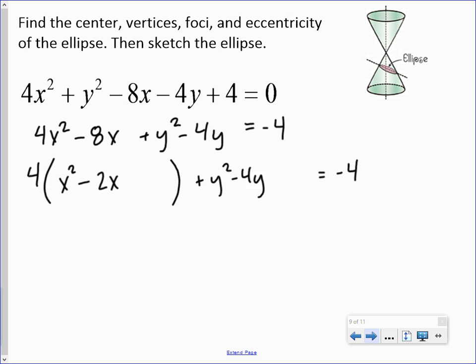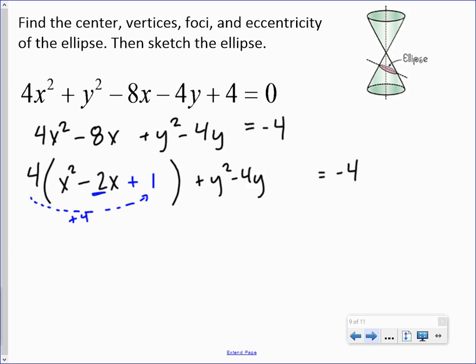Now, with ellipses and hyperbolas, you're going to have to complete the square twice. Go to your middle term. Half of negative 2 is negative 1, squared is 1 completes the square. What did you really do right there? You really added 4 on the left side of your equation.